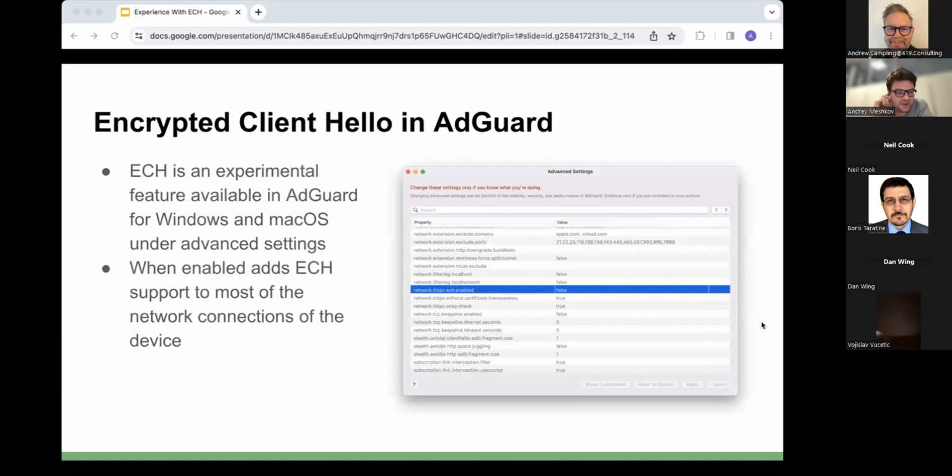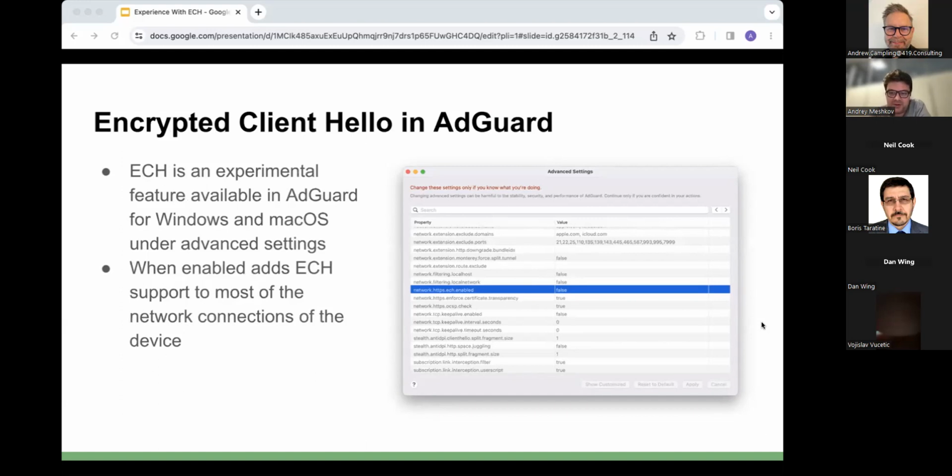So what we did in AdGuard Ad Blocker is we added a new feature to our Windows and macOS apps. This is an experimental feature which is disabled by default, but available under advanced settings. And here's what it does.